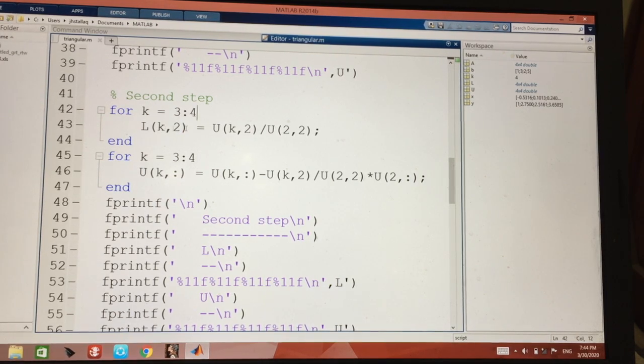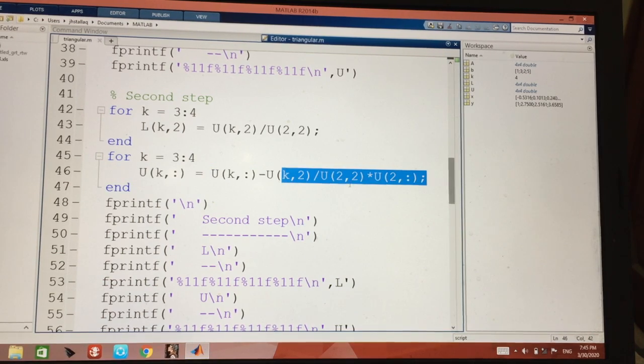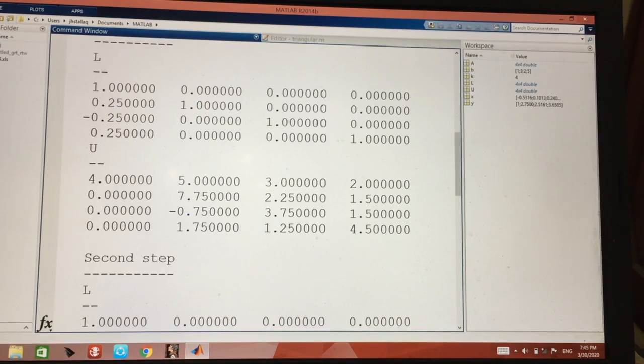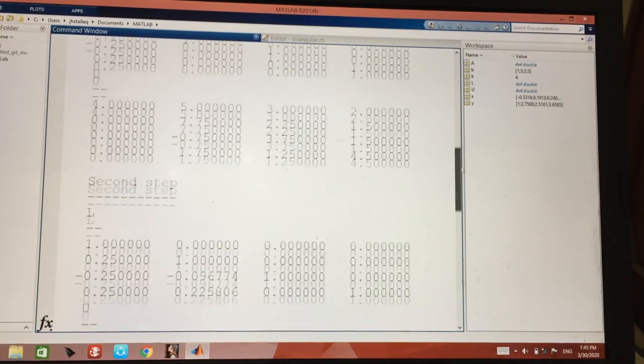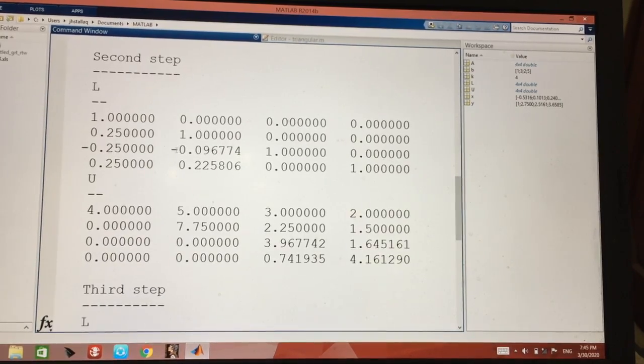So we want to eliminate U32 and U42 from U. And insert this modifier, which is U32 divided by U22, and then U42 divided by U22. We modify the lower by filling those elements with these values, and then modify the upper by subtracting from the same row, third row and fourth row, this multiplied by the second row. And then if we go back, we obtain the second step. So in the second step, we see now we are filling this matrix.